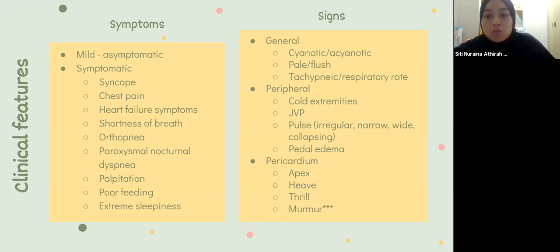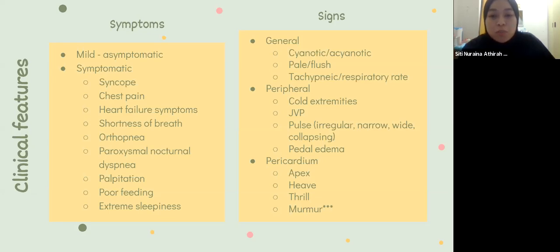Next, we can also count the respiratory rate of the patient, and basically in pulmonary hypertension the patient will be tachypneic. For peripheral examination, we can feel for cold extremities, look for raised JVP, and also any pulse irregularity, narrow, wide, or collapsing. This I will provide later in the last slide, in a proper table for specific conditions.